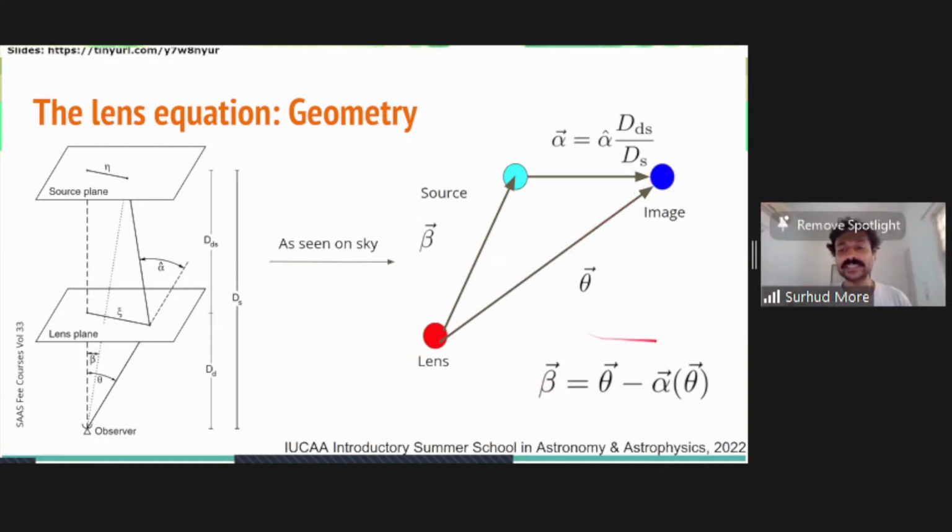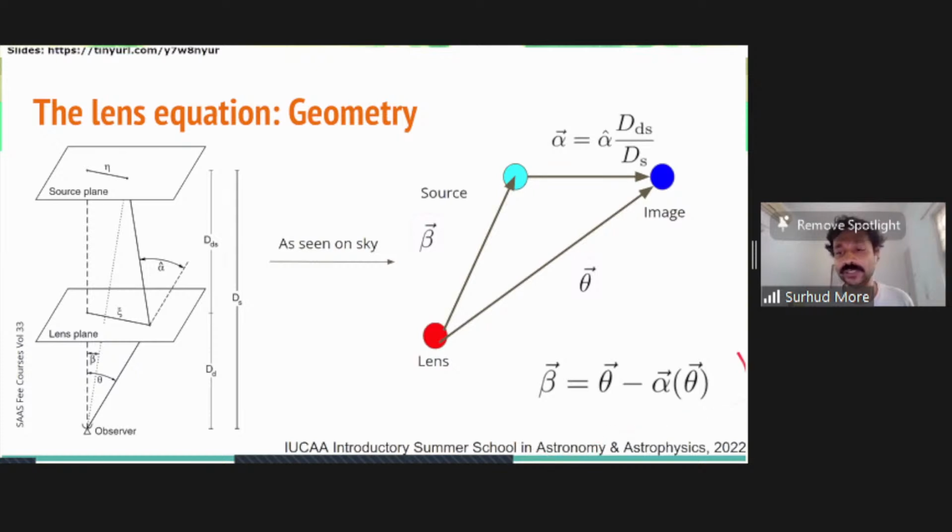So in this case, there is a vector equation, beta is equal to theta minus alpha of theta, that remains true, where you can just construct a coordinate system in the plane of the sky, and each of these components you can project down. So theta you can project onto one axis and the other axis, and so on.